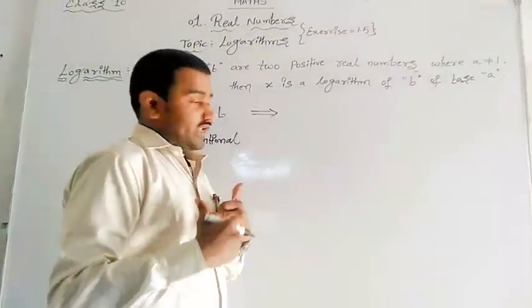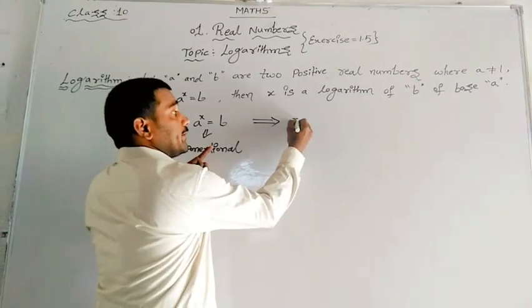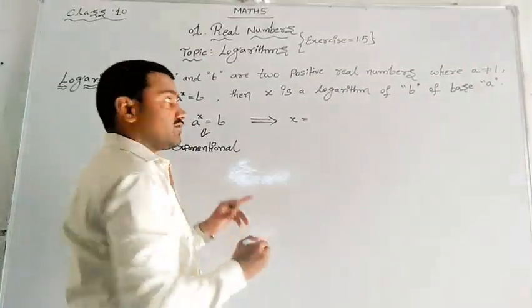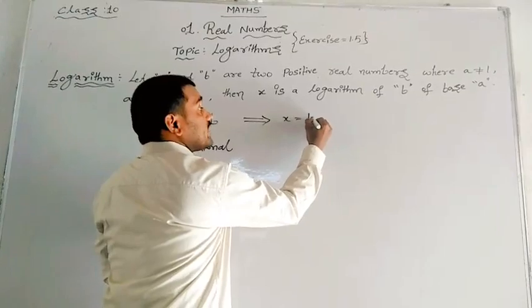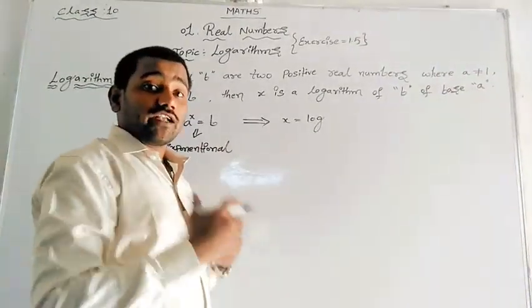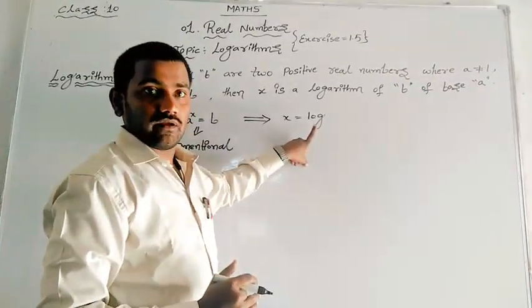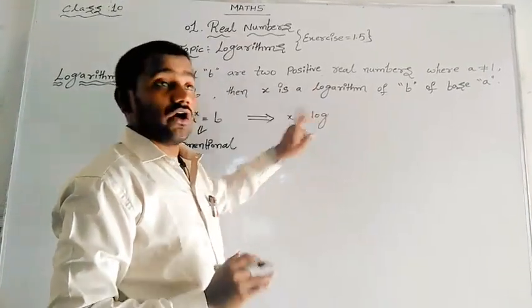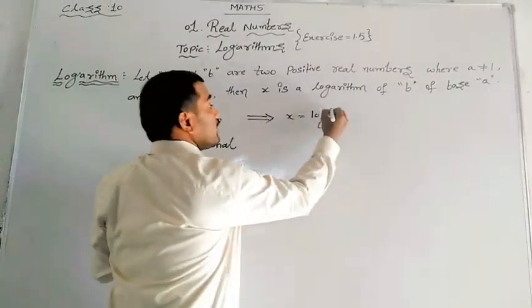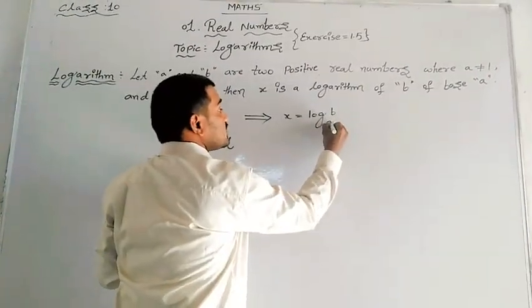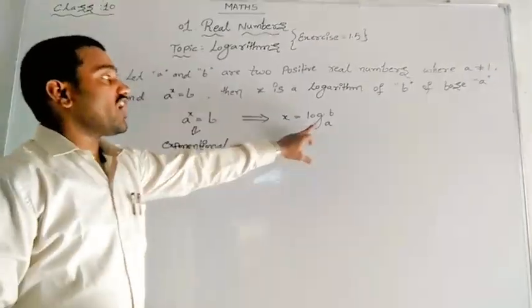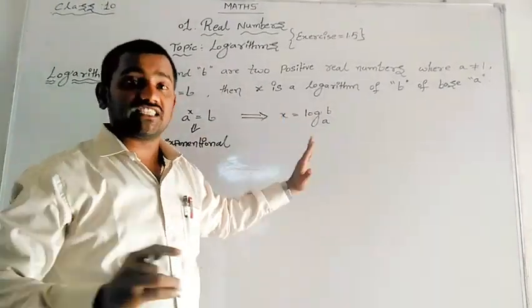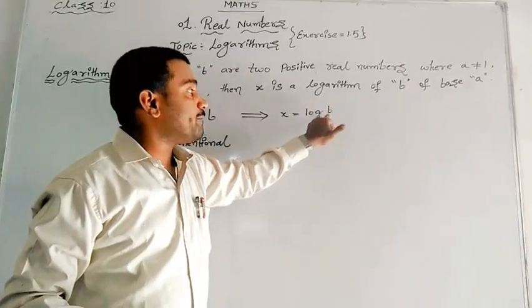It can be converted to the logarithm form where x equals log b base a. Logarithm we shortly write as log. We read this as log b to the base a.